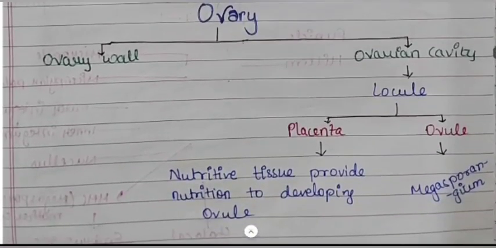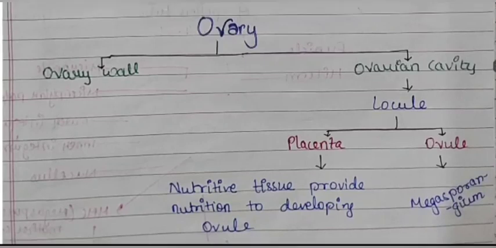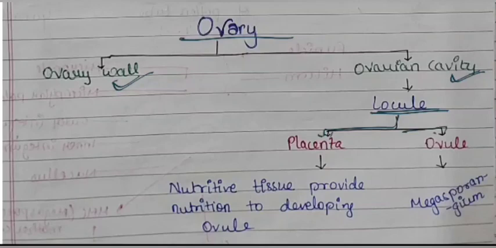Now we are going to talk about the ovary, which consists of the ovary wall and ovarian cavity. Inside the ovarian cavity, the locule is present, which is further divided into placenta and ovule. The placenta basically provides nutrition to the developing ovule. Ovule is also known as megasporangium.